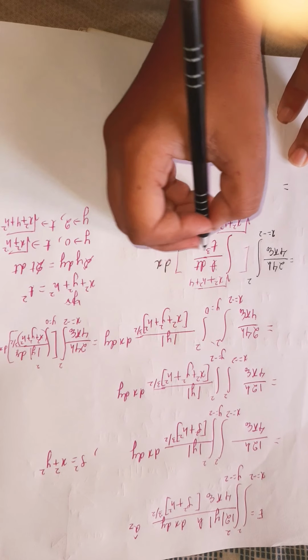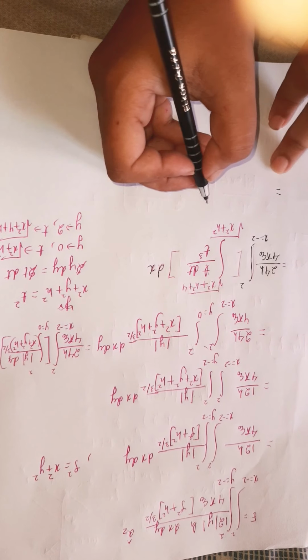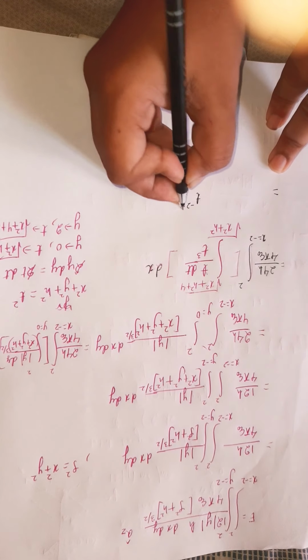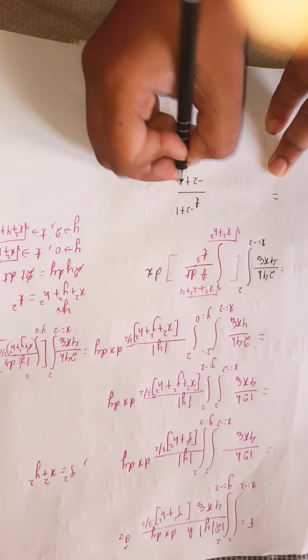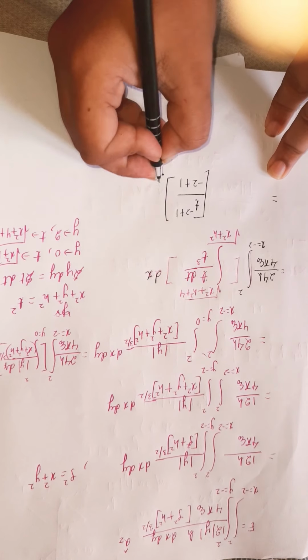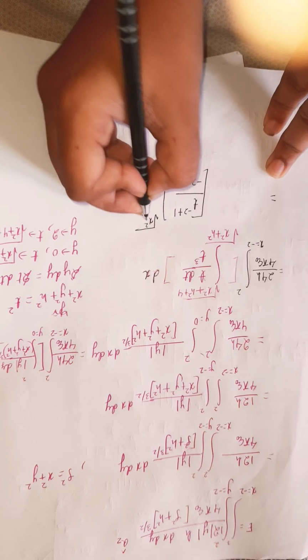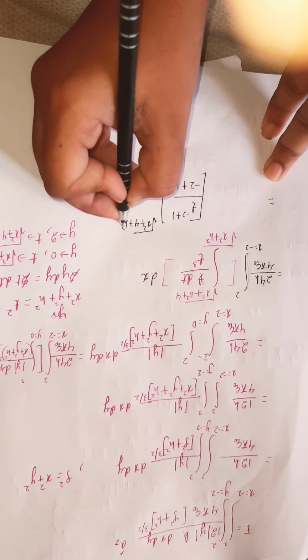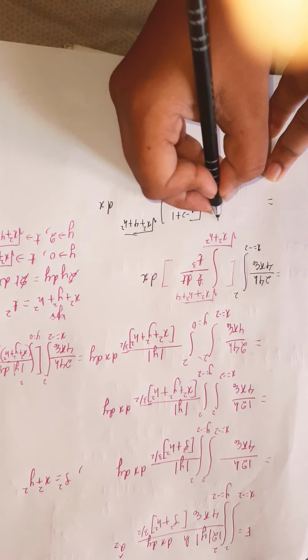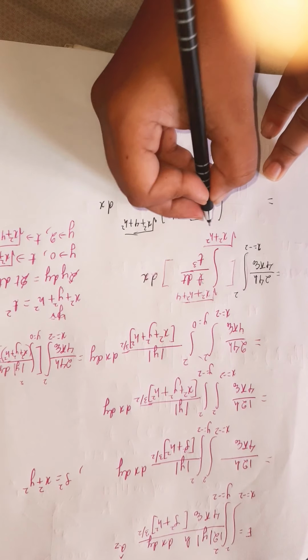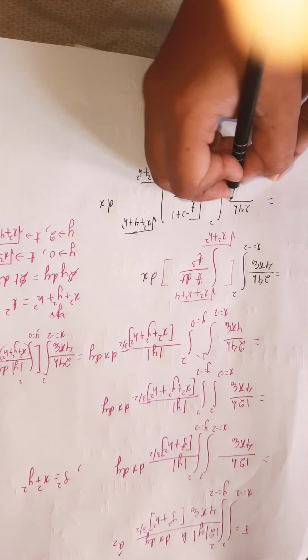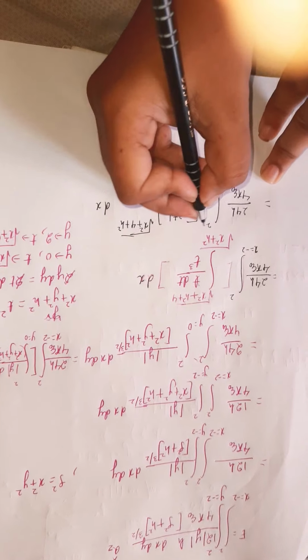It will become t square dt by t square, so it will be t to the power minus 2 plus 1 by minus 2 plus 1, and put the limits, that is x square upper limit x square plus 4 plus h square. This is now dx, x is equal to minus 2 to 2, 24h by 4 pi epsilon naught.